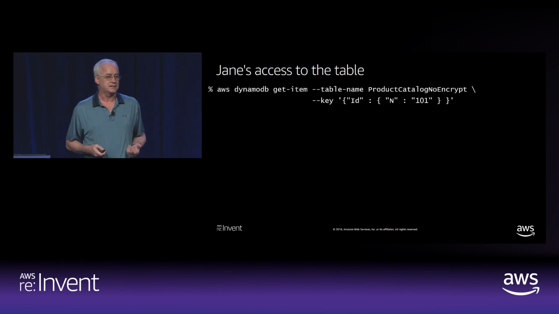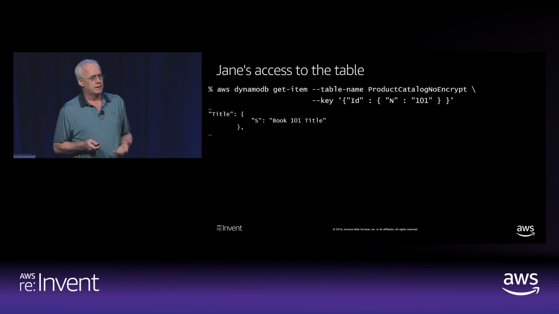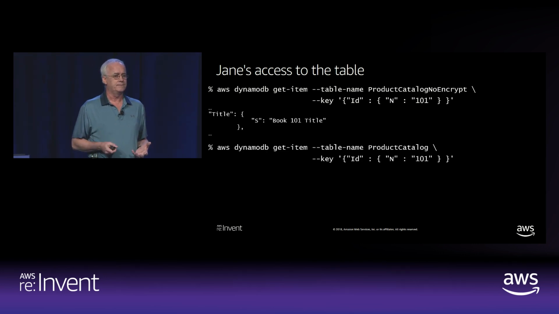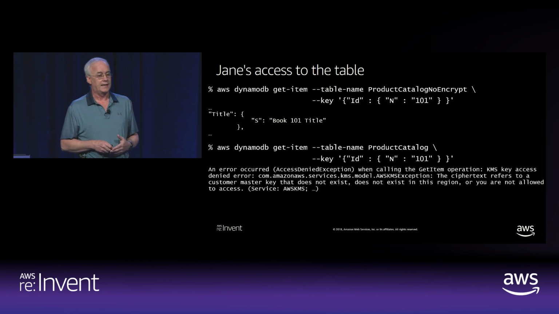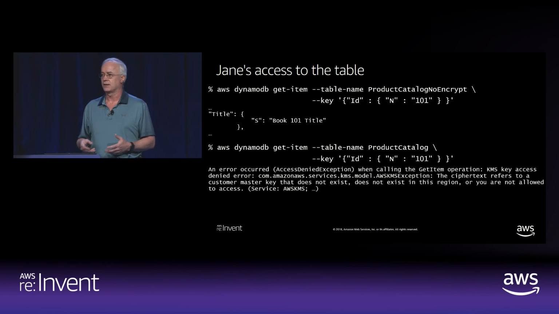Similarly, if she tries to access a table that's not encrypted, everything works peachy keen. But if she tries to access a table that is encrypted, she'll get another access denied. What happens here is when she's trying to access the table, DynamoDB has to go decrypt the data key so that she can access the data, and that decryption fails. So she'll get an access denied.